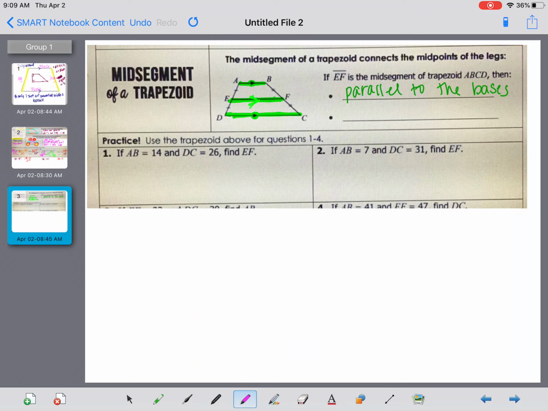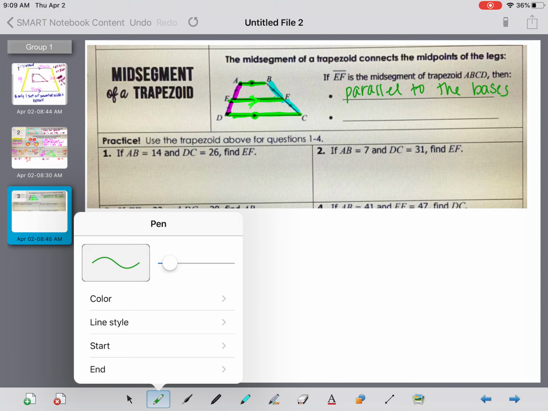Now, this midsegment does a ton of really cool things in this trapezoid. First of all, it bisects the sides, okay? It bisects the sides, which means this whole side AD over here is broken into two equal pieces. AE and ED are equal. It also bisects the other side, BC, so that BF is equal to FC, all right? And then there's a really cool relationship between the bases and the midsegment.